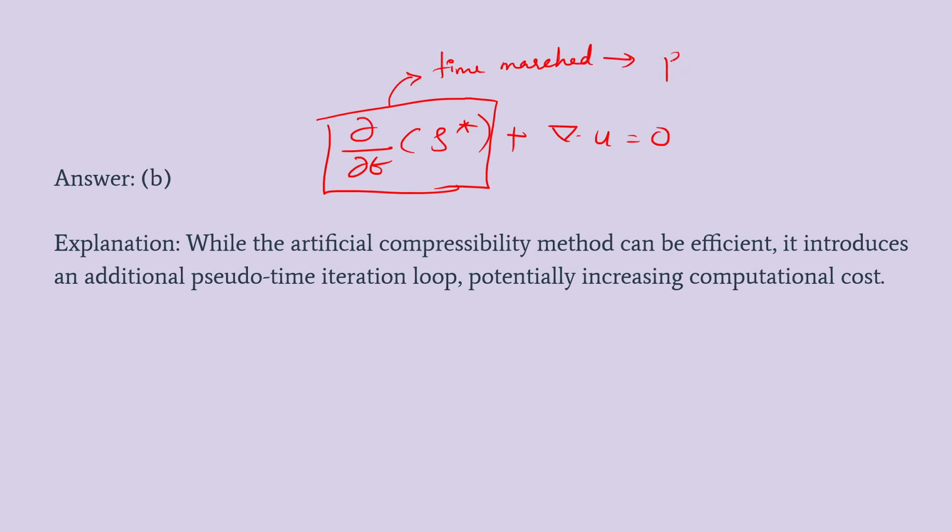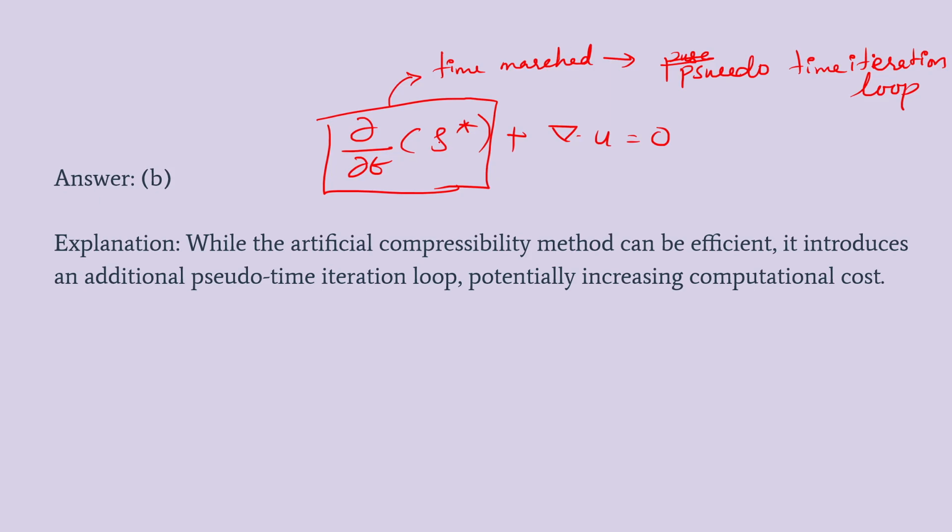using a pseudo time loop, a time iteration loop. So this time should be marched towards steady state using a time iteration loop, so we are adding two different loops.